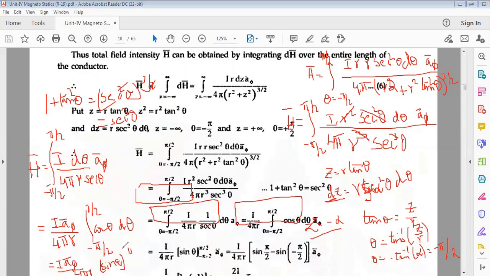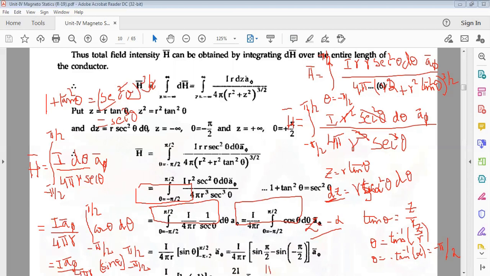Upper limit is pi by 2, lower limit is minus pi by 2. Sine pi by 2 is 1. For the second term, the lower limit is substituted. Sine of minus theta is minus sine theta, and minus into minus is plus. The total function is, you'll get 2.